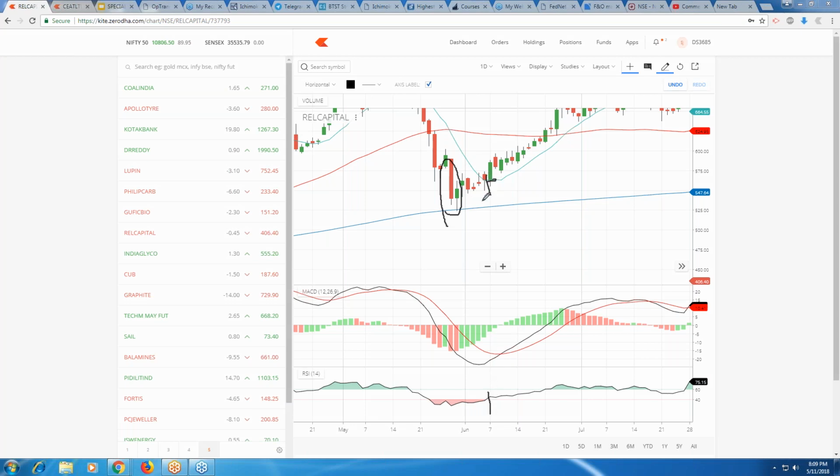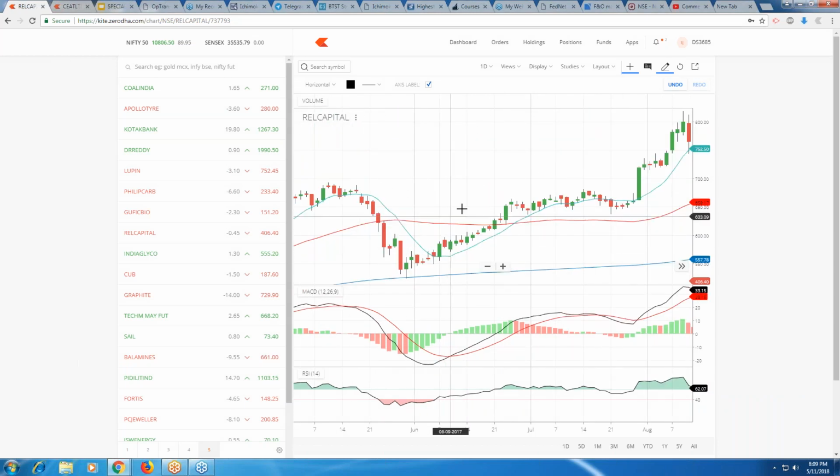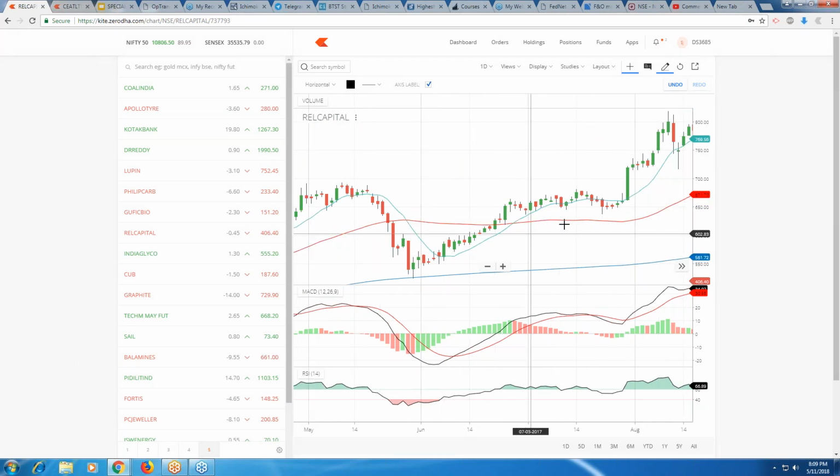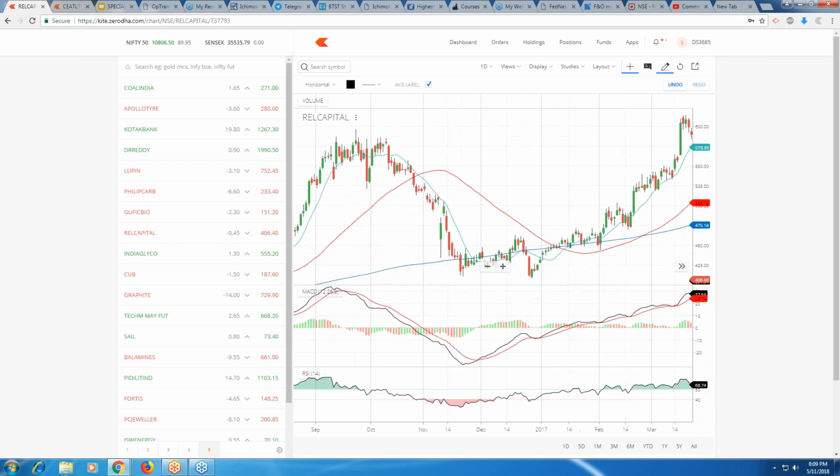You can be alert from this point, but the moment candle goes above 10 moving average, you have an opportunity for entry, right? So from here, the stock has gone up and up and up till about 804. From 565 to 804, the stock is just unstoppable, right? So beautiful trades from the bottom, right?